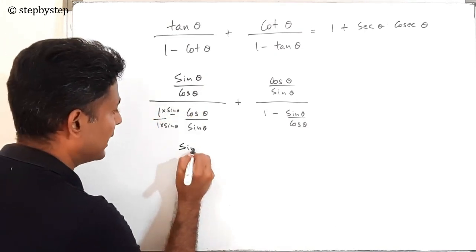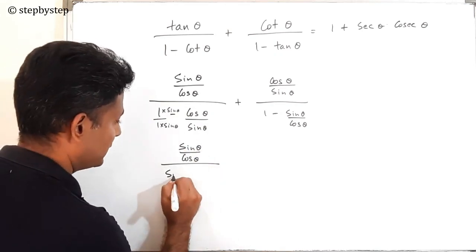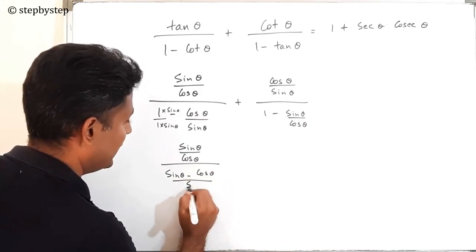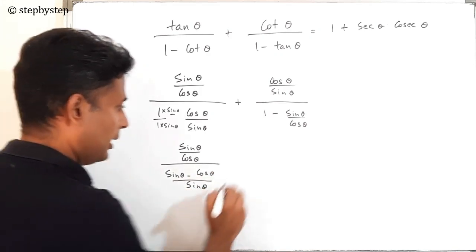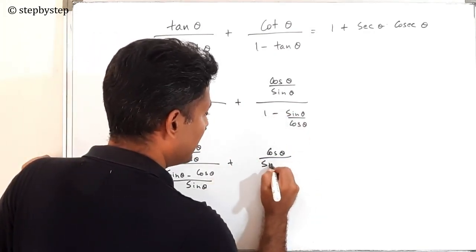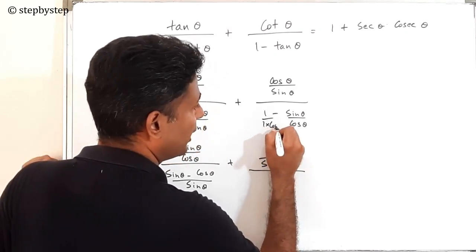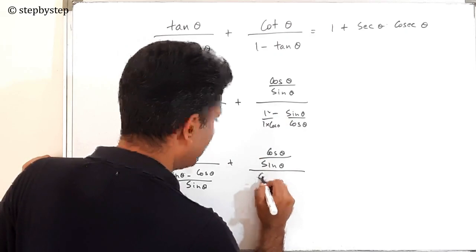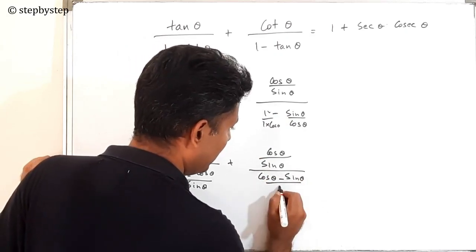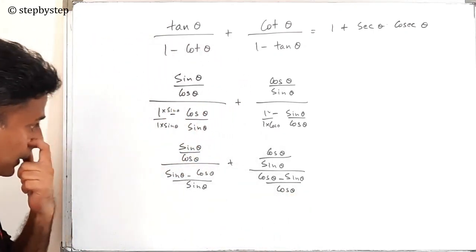I get sin theta by cos theta whole by sin theta minus cos theta by sin theta. Okay, and here I get cos theta by sin theta whole by, here again LCM into cos theta. So I get cos theta minus sin theta by cos theta, right?